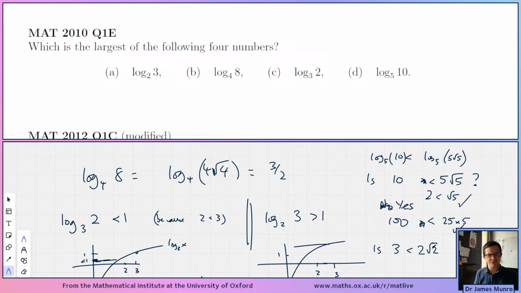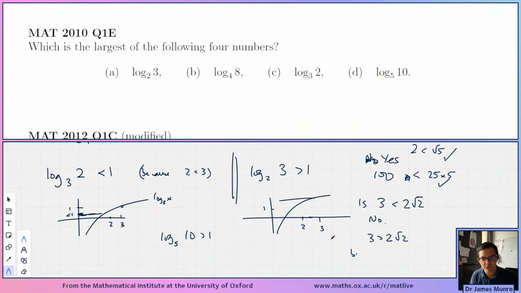I think the answer is no. 3 is larger than 2 root 2 because 9 is larger than 4 times 2, which is 8. 9 is larger than 8. True statement. Good. 3 is larger than 2 root 2, so log base 2 of 3 is larger than log base 2 of 2 root 2, which is 1.5.